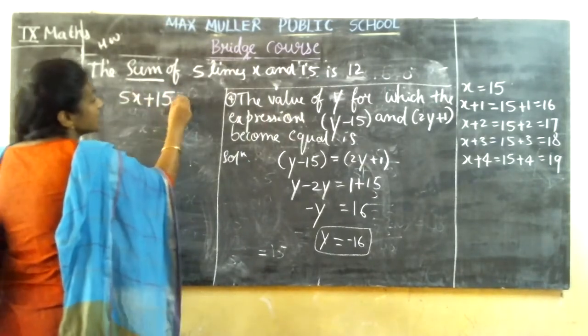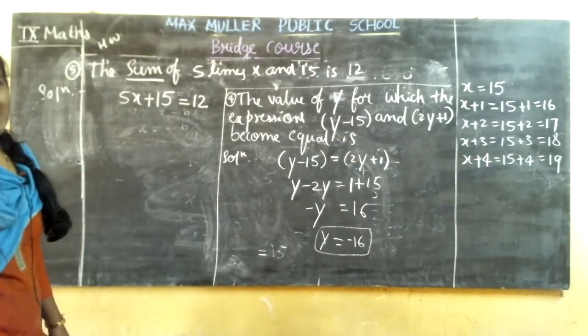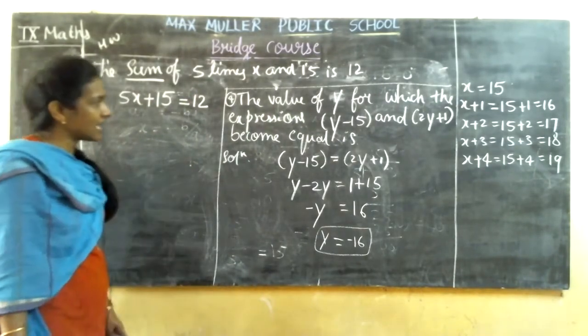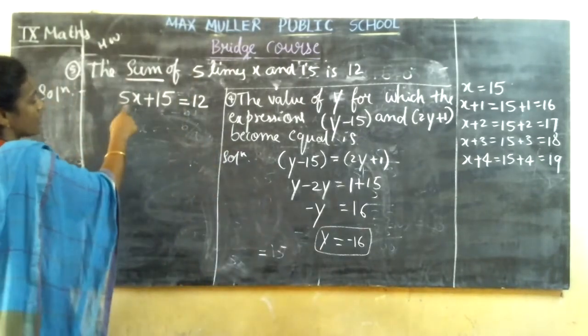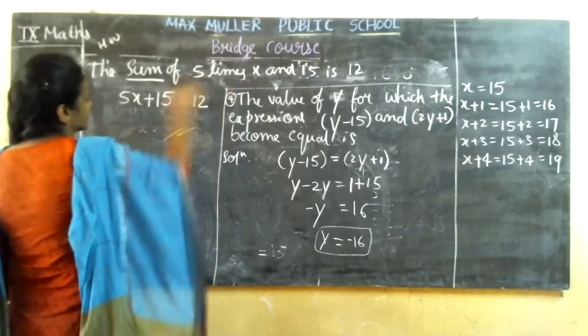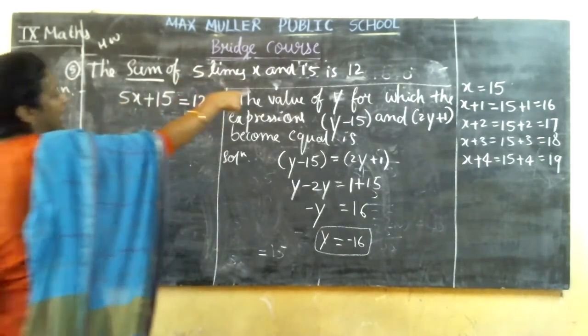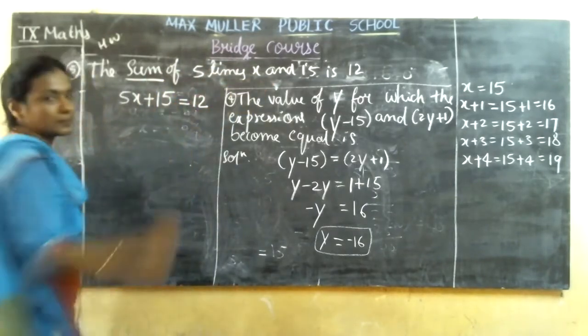That is the sum, and it is 12. The sum of 5 times x and 15 is 12 means you need to express that as 5x plus 15 is equal to 12.